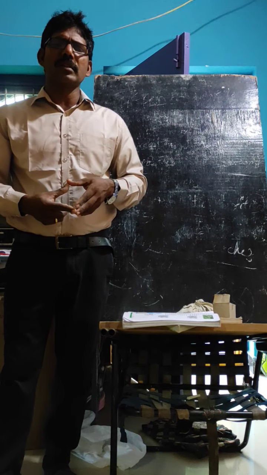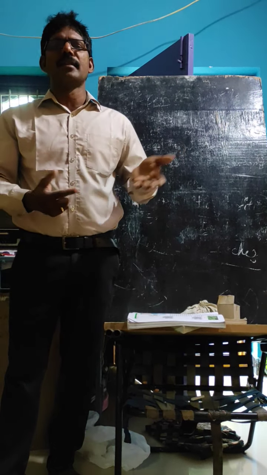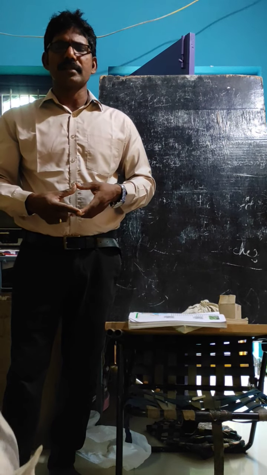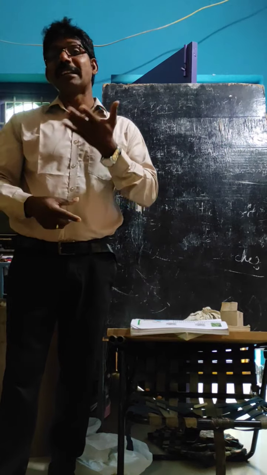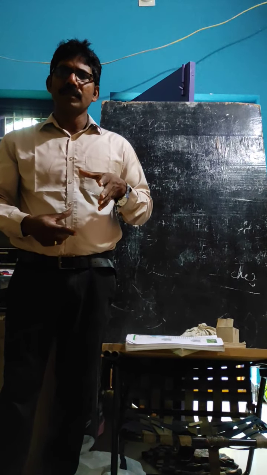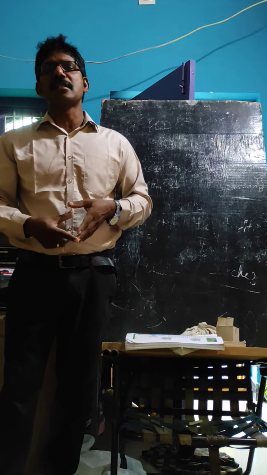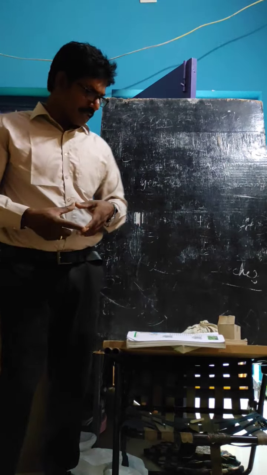Omnivores take both plant and animal materials, like us. So different animals follow different types of food materials, and that's why the process of digestion is also different in different animals. Understand?